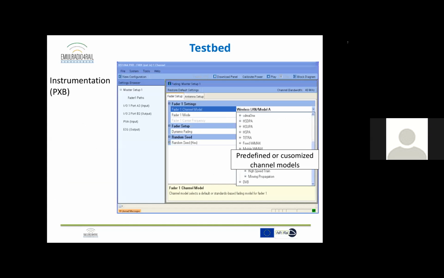Here we have some print screens of the software of the channel emulator. We can see that we have many pre-configured channels, even for railway scenarios. And at the same time, we can customize our channel model, so we can put in our own parameters.